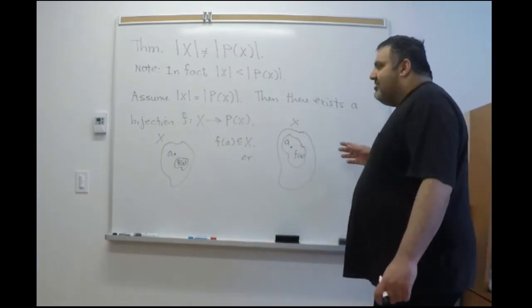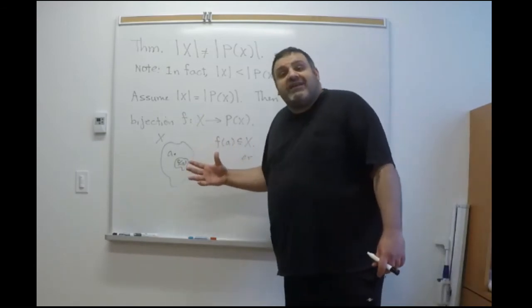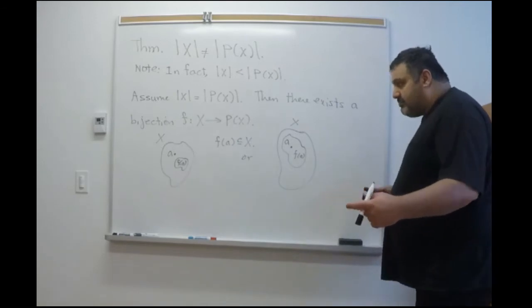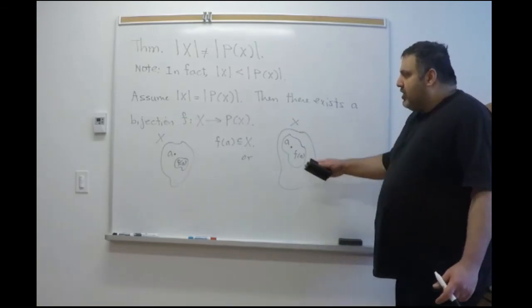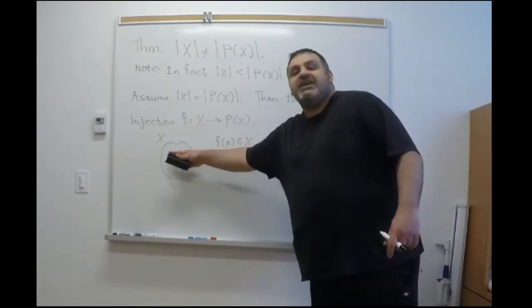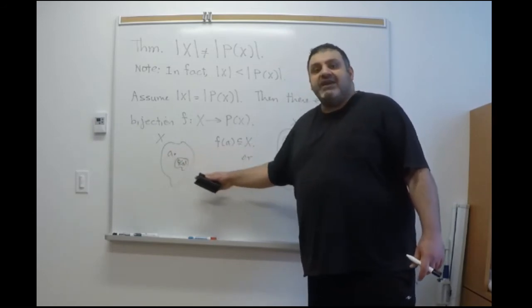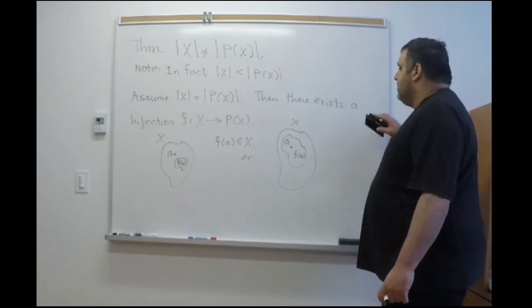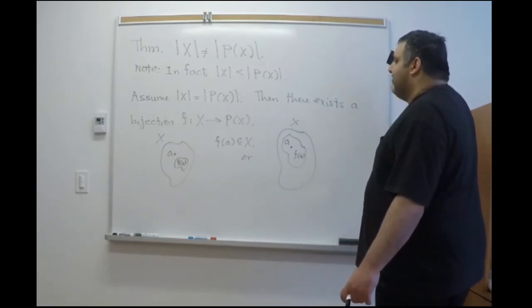But this is the thing that Cantor's genius took advantage of. So over here, he observed that when you look at this f of A, it's possible for this A you've picked to be in f of A, or it could not be. And he uses this in the proof. So I need to erase some stuff.